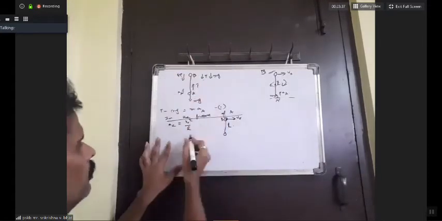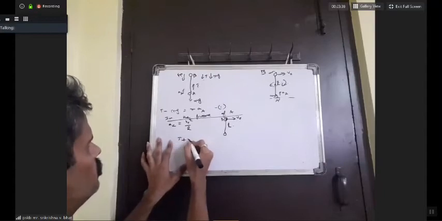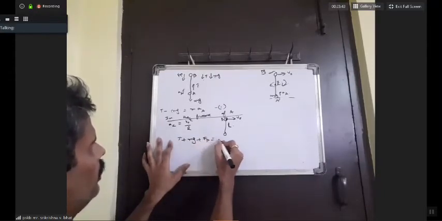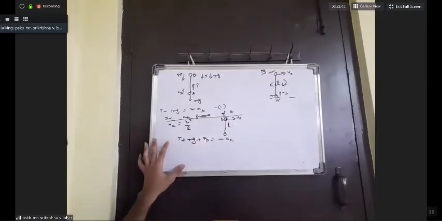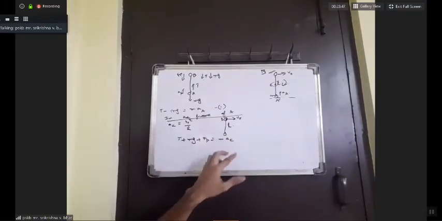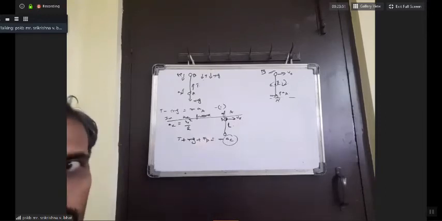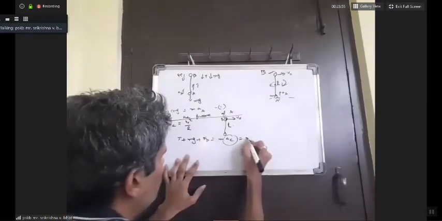All three we should take. So tension plus mg plus Fp should be equal to m into AC. This AC is centripetal acceleration in the reference frame of A. It is not centripetal acceleration in the ground reference frame. So this should be m v0 square by L.